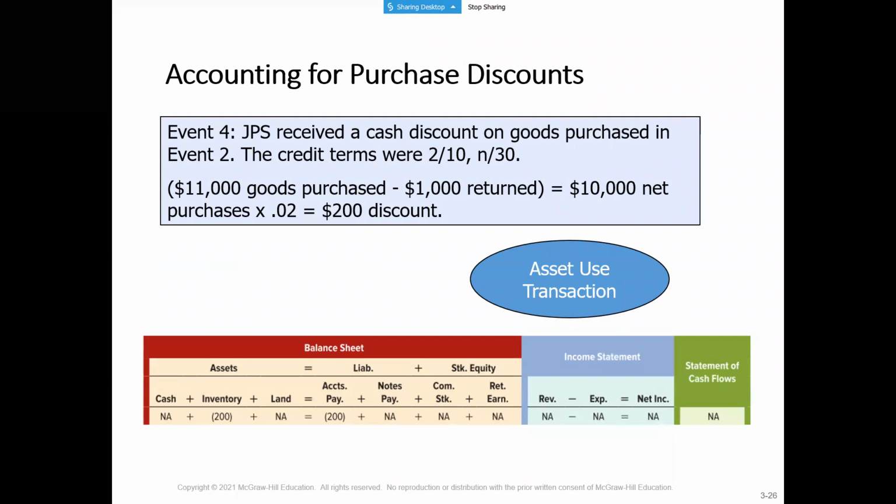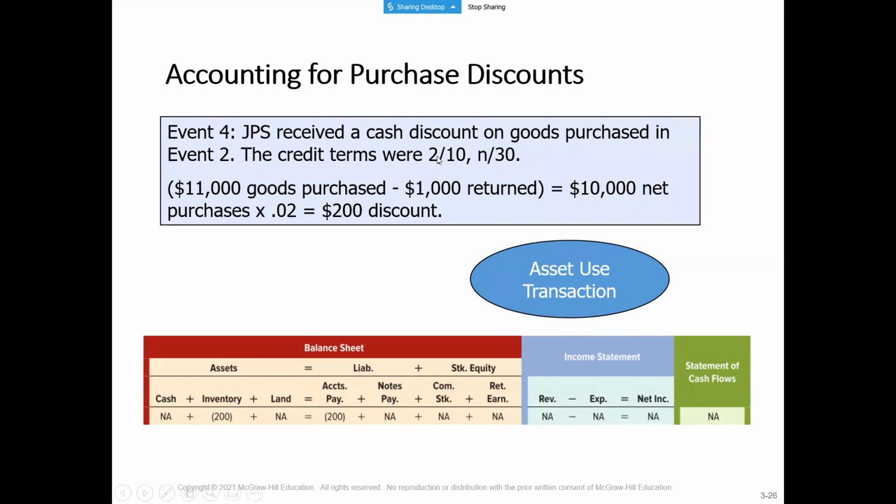So JPS purchased those goods from event 2, I believe. Event 2: purchased $11,000 of goods, but returned $1,000 from event 3. So $10,000 of net purchases are involved, and JPS decides, yes, we are going to pay within 10 days.